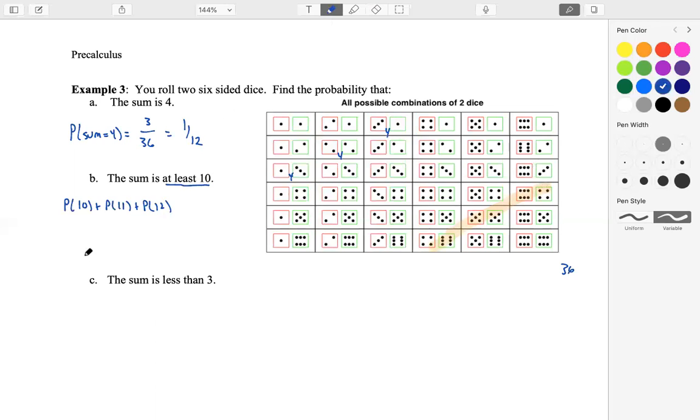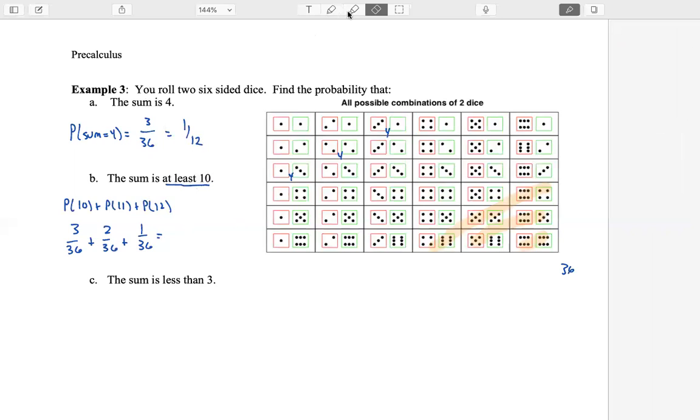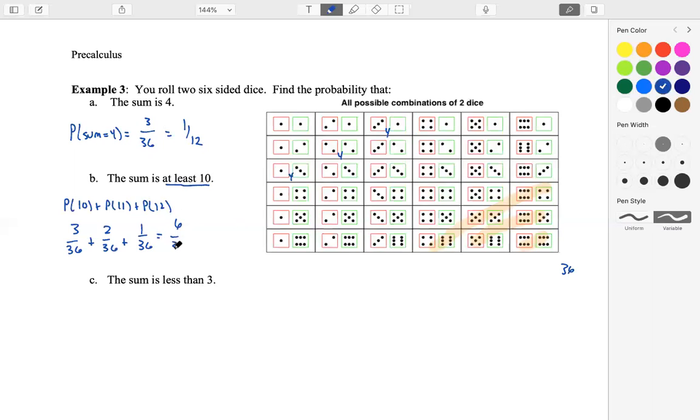All right, so that's going to give me 3 out of 36. 11s, all right, those are those 2. So that's going to give me 2 out of 36, plus my 12, which is this case, and that's going to give me 1 out of 36. So that gives me a total of 6 out of 36. And that simplifies to 1/6.